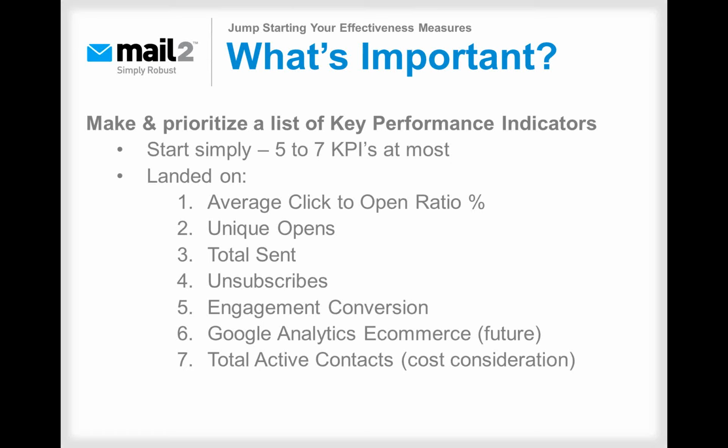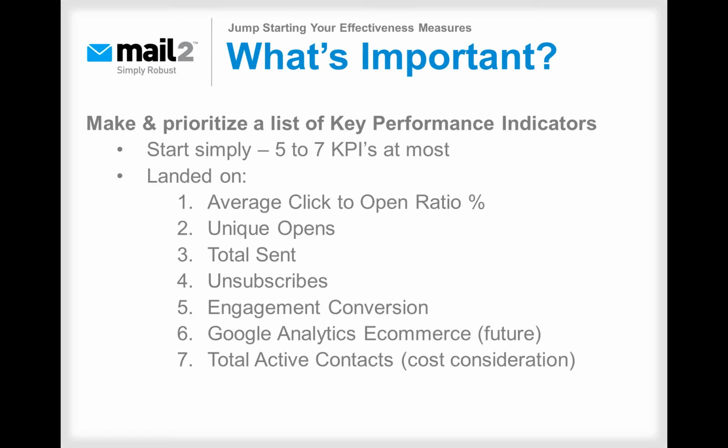Average click-to-open ratio tells you that people are opening and clicking on calls to action, so that seemed like the best one to look at overall and see where it was trending. Unique opens and total sent: they wanted to understand the volume of email they were sending over time, and whether it was fluctuating or steady, whether it seemed like a lot, the right amount, or too little.